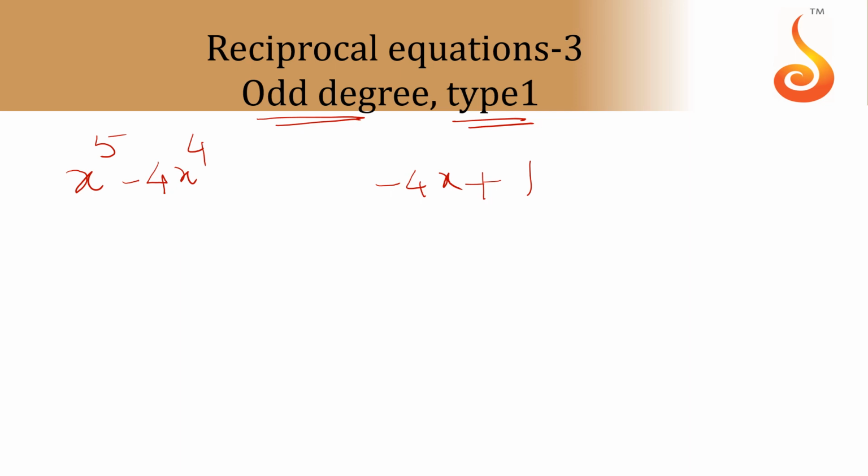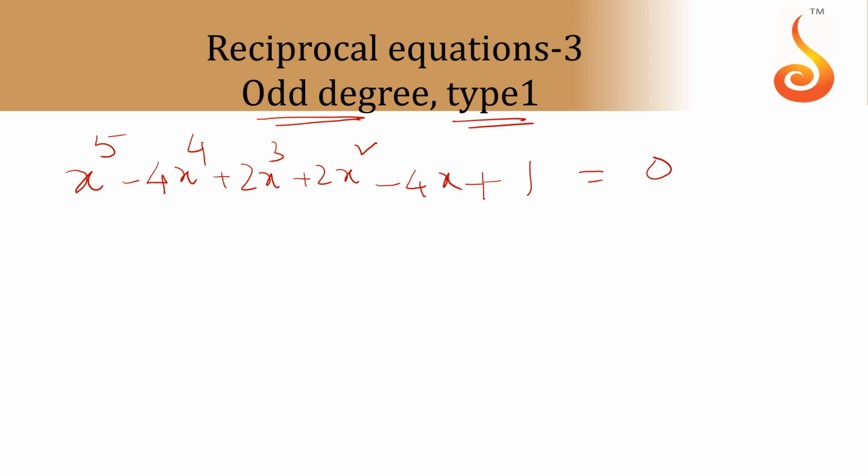Odd degree type 1. Next, if I write 2x cube, from that side how much you should have? Plus 2x square you should have. So is it correct or not? It is odd degree, yes. Type 1 means first coefficient, last coefficient equal, second, last but one, third, third from last. So it is type 1 and odd degree.